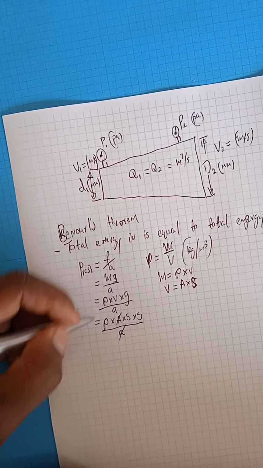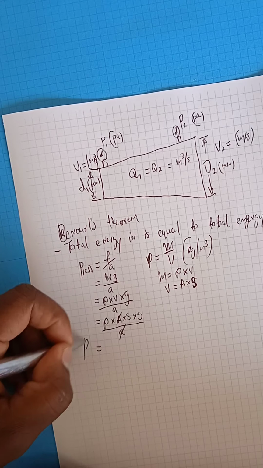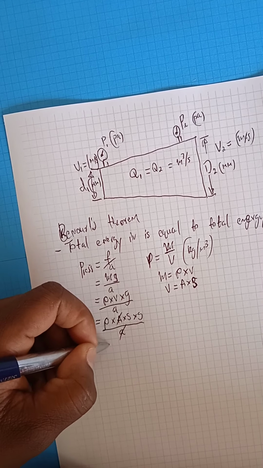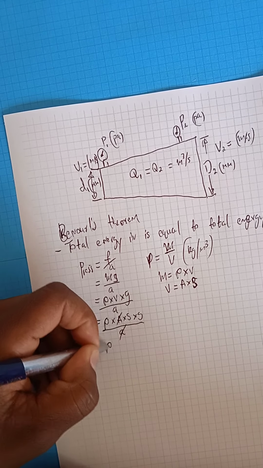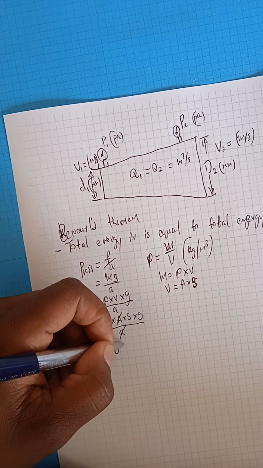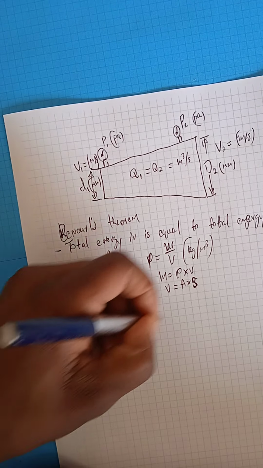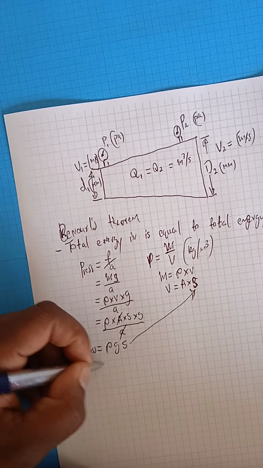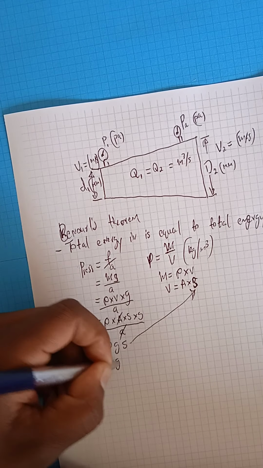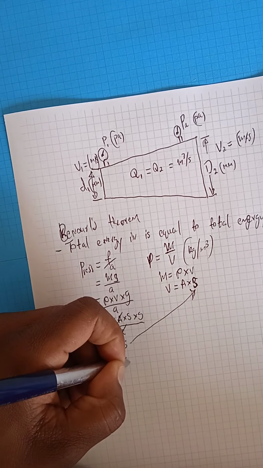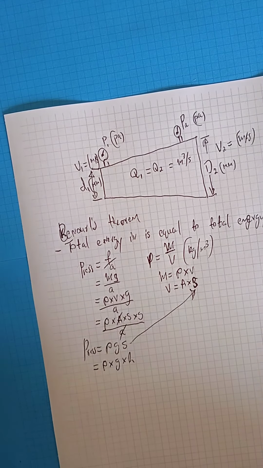So area will cancel area, therefore we'll say pressure is equal to density g S, whereby this S is from here. Then we can say density multiplied by g multiplied by h, where S is the same as h, which is our distance.